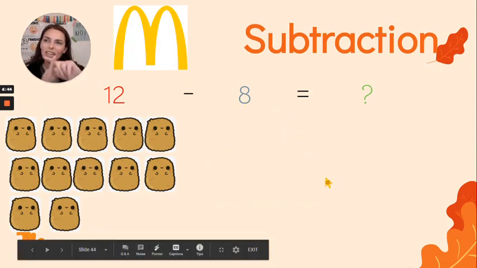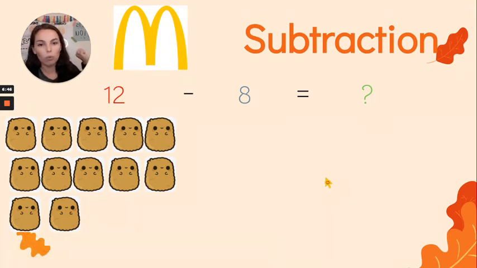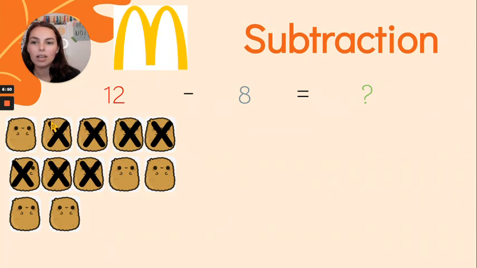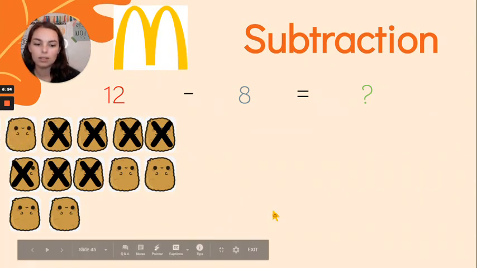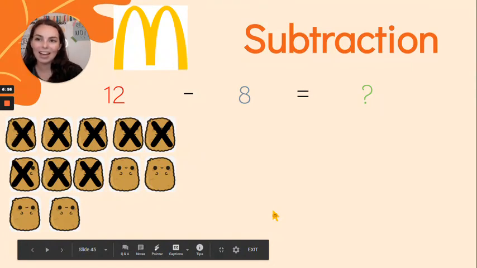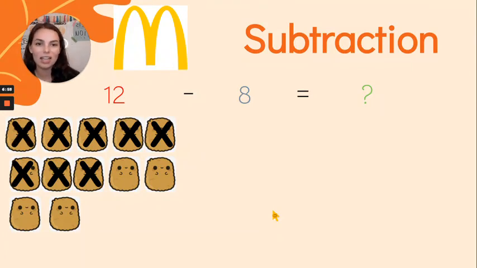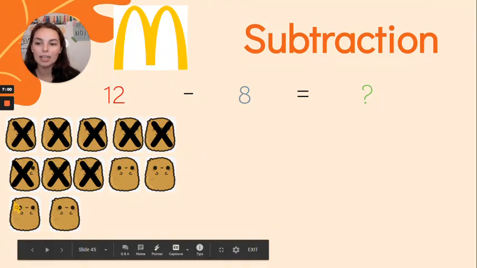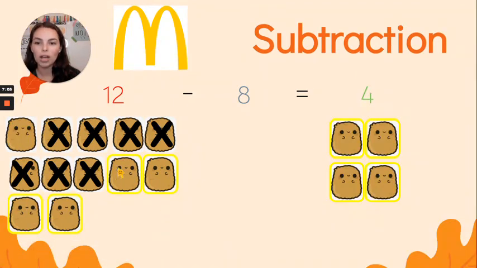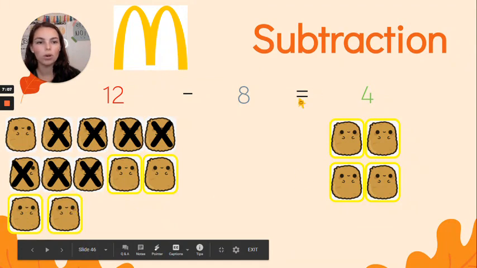Well, I didn't get more. I actually took away. So this 8, we're going to X out 8 chicken nuggets. There we go. I X'd out 8 chicken nuggets. And then I need to see how many Miss Six had left over. I had 1, 2, 3, 4 chicken nuggets left over. And that's how we subtract.